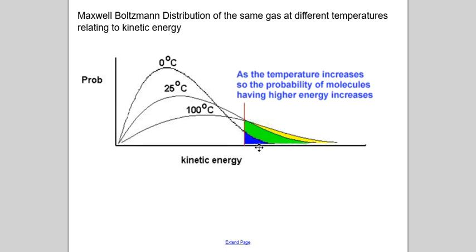Green has more particles than blue. Blue has the least amount of particles that reach this range because it has the coldest average, but some particles do still reach this section.